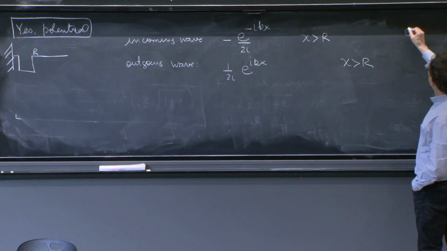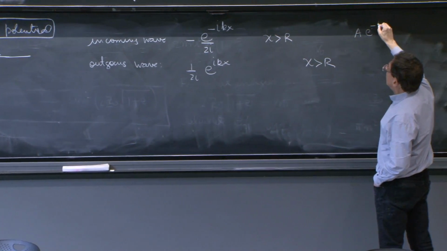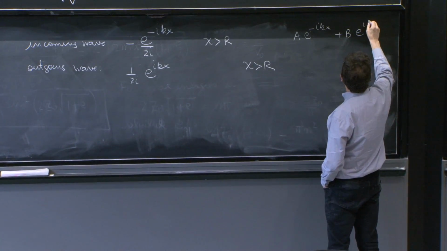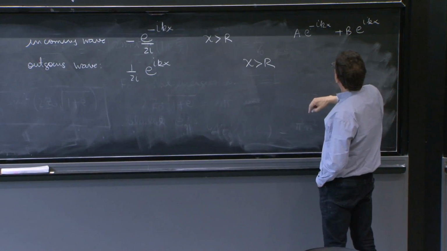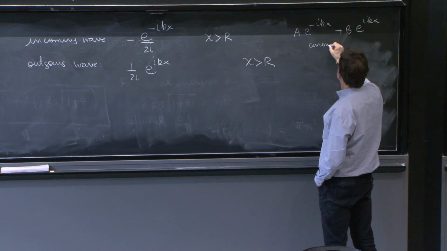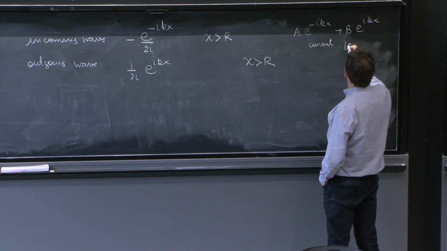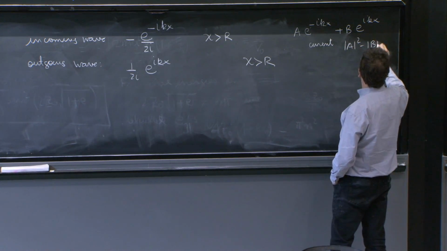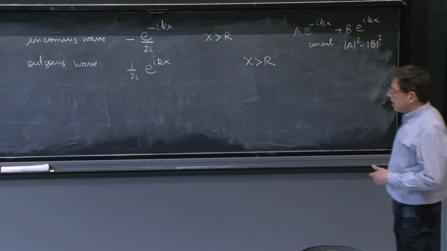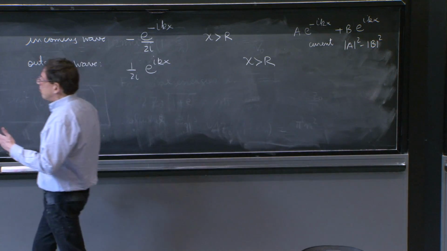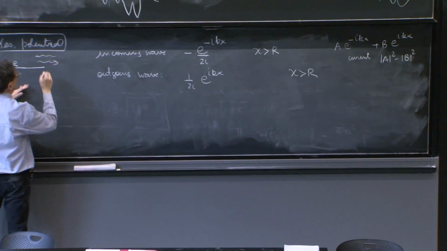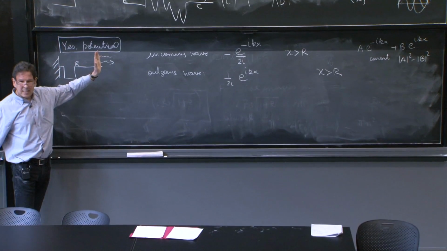Remember, if you had e to the minus ikx plus b e to the ikx, well, the probability current was proportional to a squared minus b squared. And this time, however, you're sending in a wave and you're getting back a wave. And this is a stationary state.